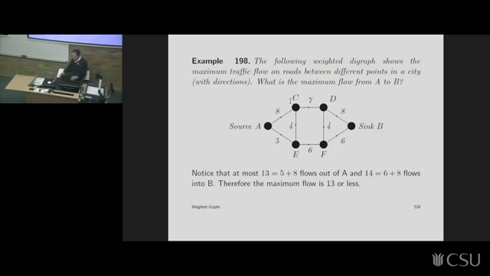To give you an idea, from A we can have at most 8 plus 5 leaving, so at most 13 units of cars going out from A, and you have at most 8 plus 6, 14 coming into B. There's only at most 13 leaving, so you can't get the full 14 coming in, and so the maximum flow has to be 13 or less.